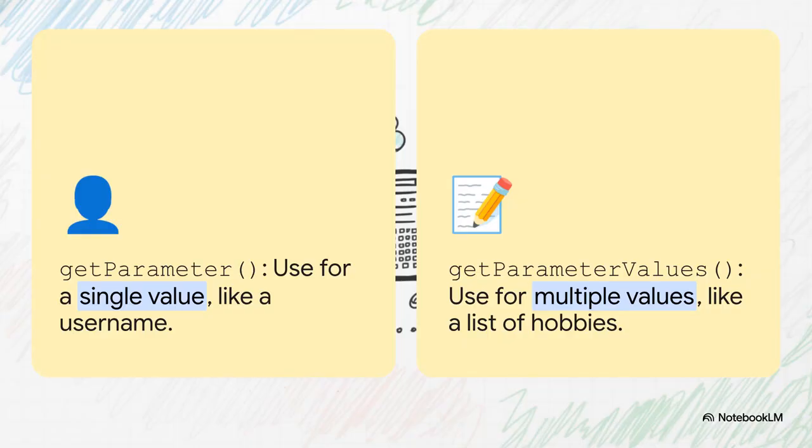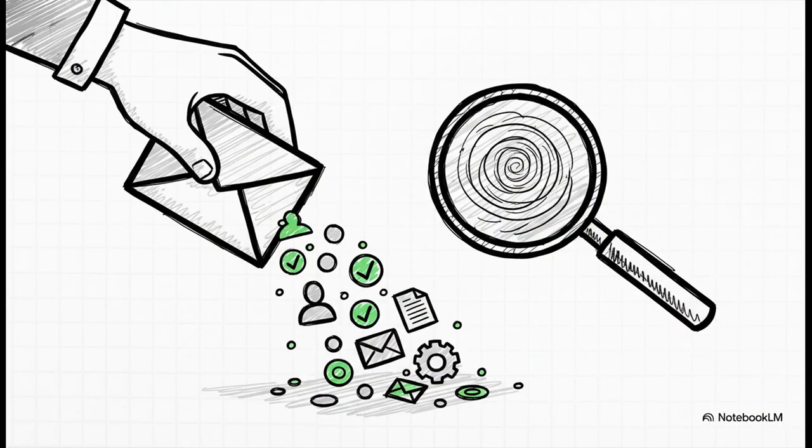So for this, we use a slightly different tool. While getParameter is perfect for a single value like a username, we use getParameterValues for these multi-value situations. Instead of just one string, it gives us back a whole list of all the values that were selected. And finally, what if you want to see everything the user sent without having to ask for each parameter by its name? For that, we have getParameterMap.